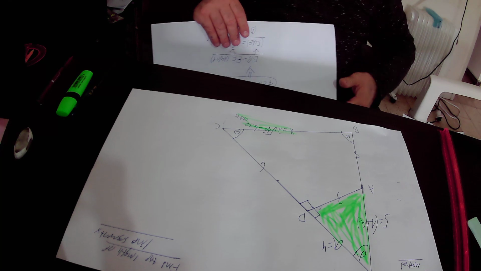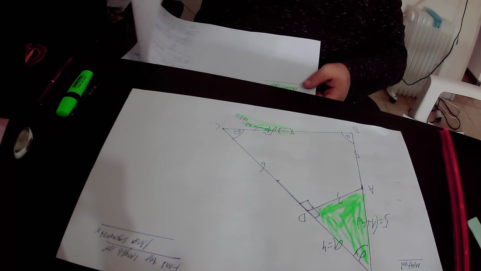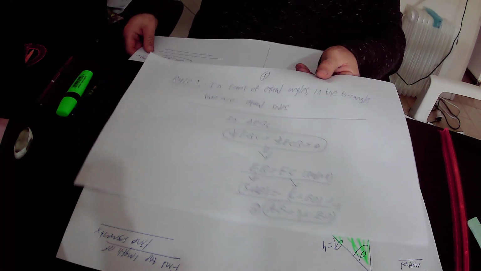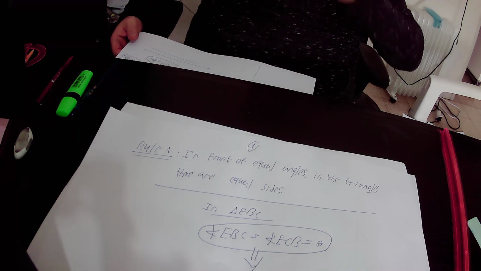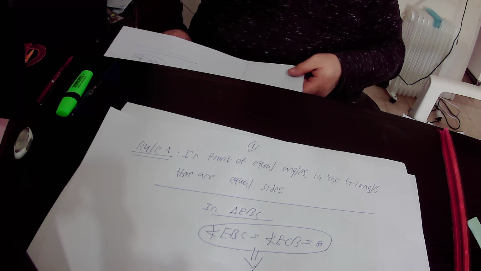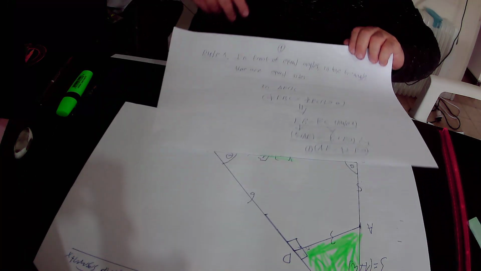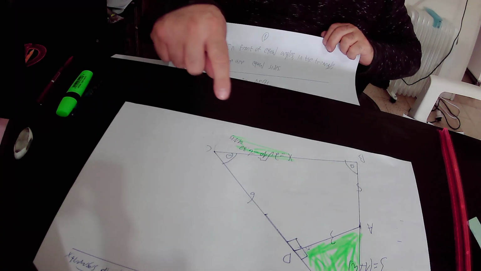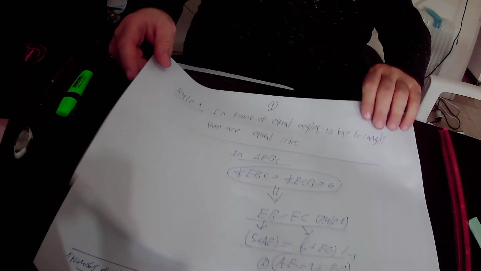Then I presented to you rule number 1. According to rule number 1, in front of equal angles in a triangle there are equal sides. So in triangle EBC, angle EBC equals angle ECB equals theta, according to what is given in the question.